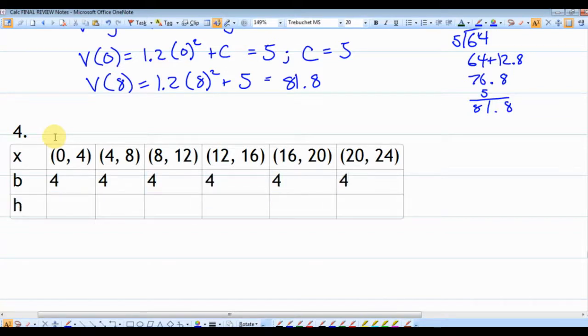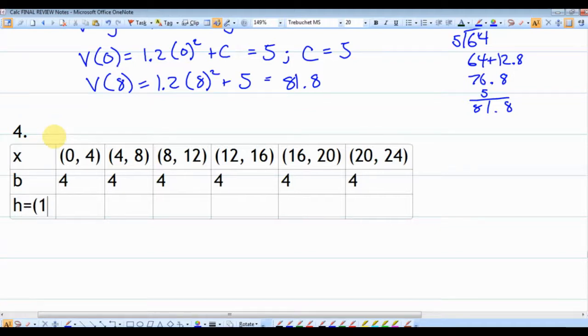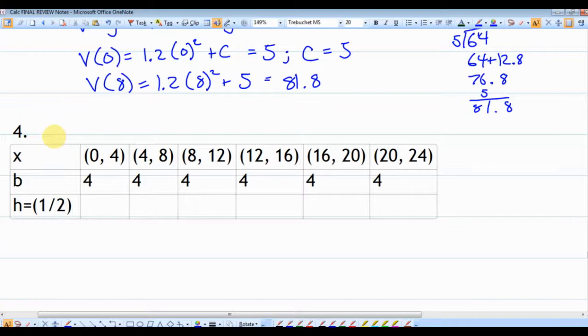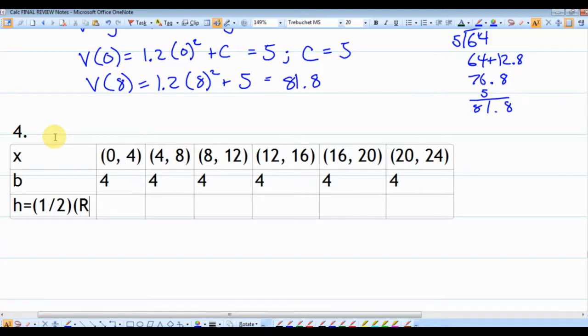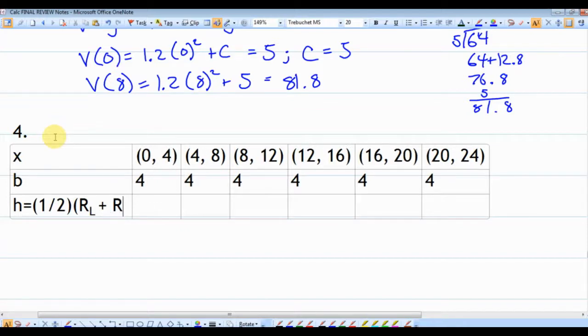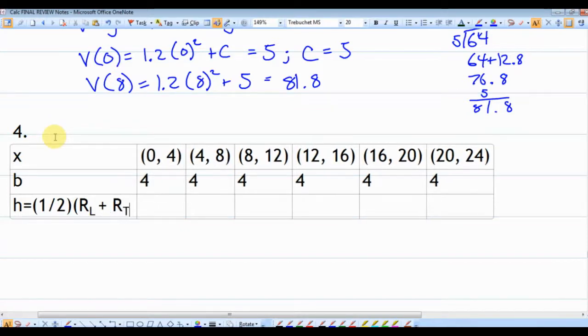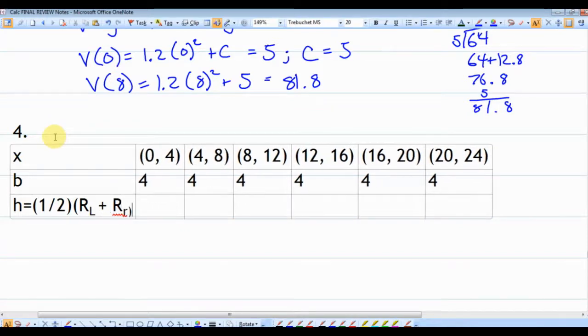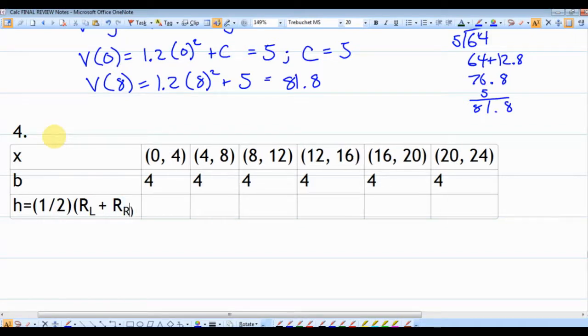Now the height. Now this is going to be the tricky one. The height's going to be equal to 1/2 times R left plus R on the right. So the average of 0 and 4.